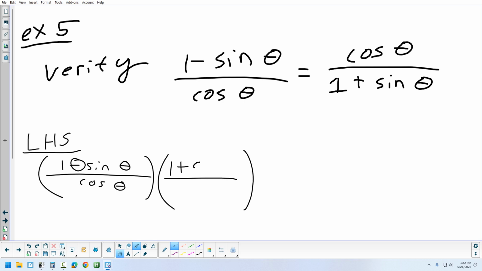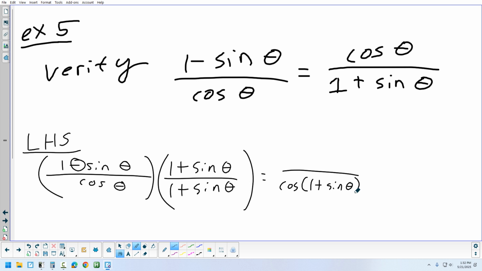So let's do 1 plus sine over 1 plus sine. Whenever you multiply by a conjugate, don't worry about doing the bottom out. Just write it exactly the way you see it. Cosine times 1 plus sine.